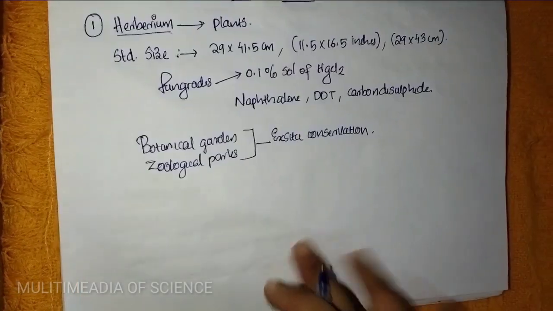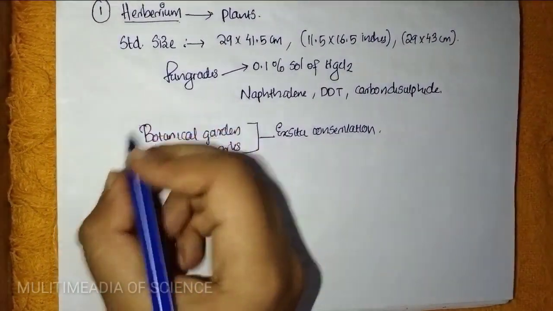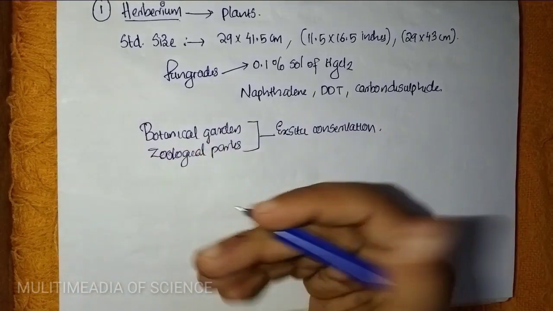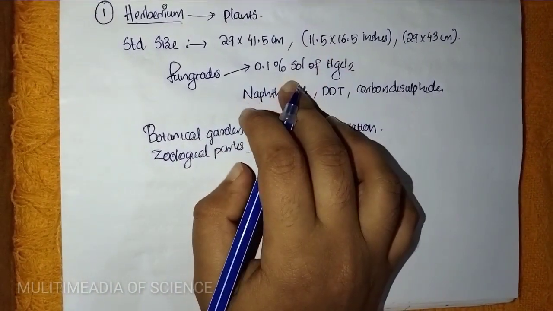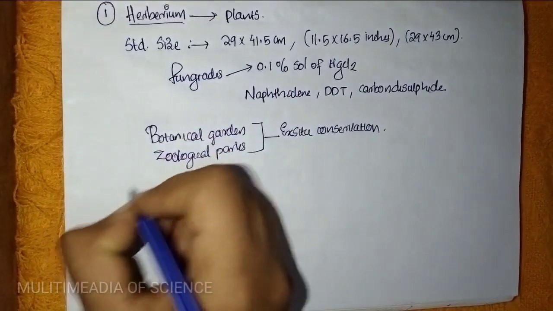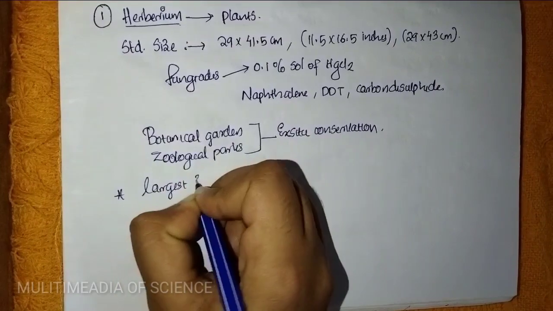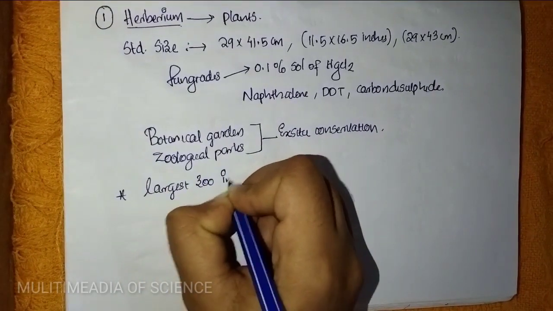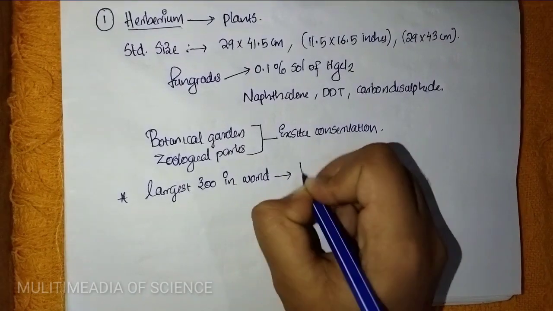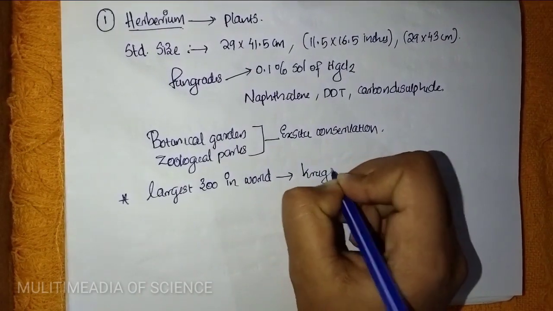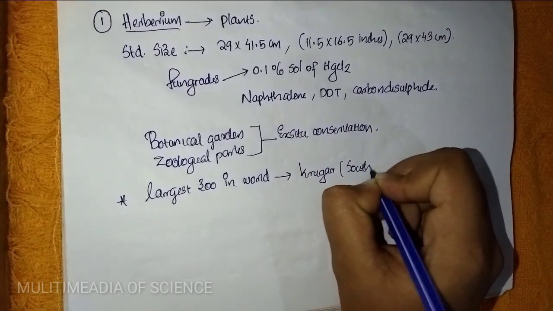Next I am talking about some important points which you should remember: which is the largest zoo in the world and which is one of the finest zoos in Asia. First, the largest zoo. Which is the largest zoo in the world? It is Kruger, which is situated in South Africa.